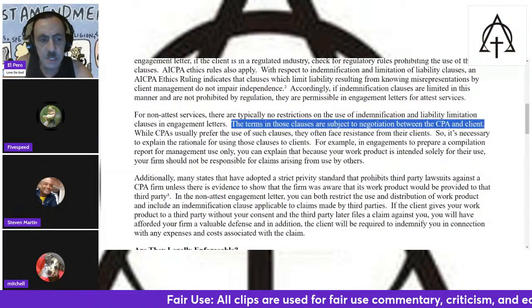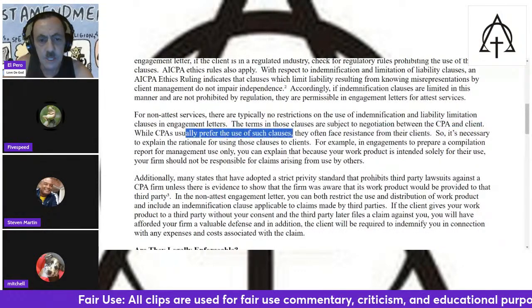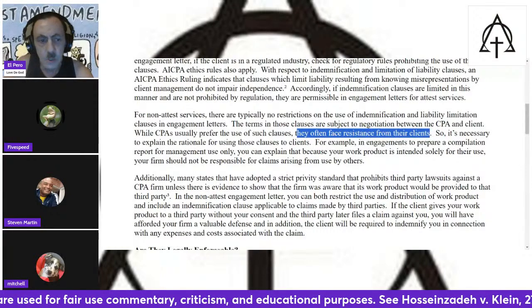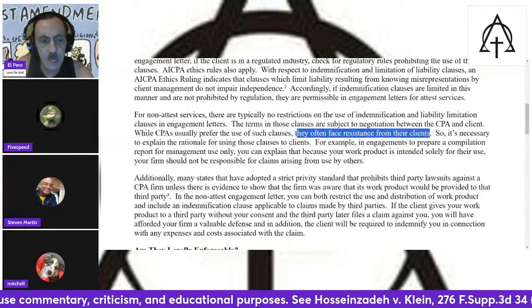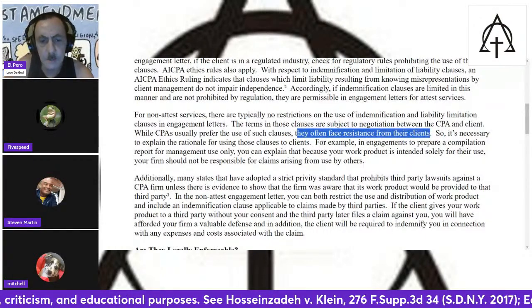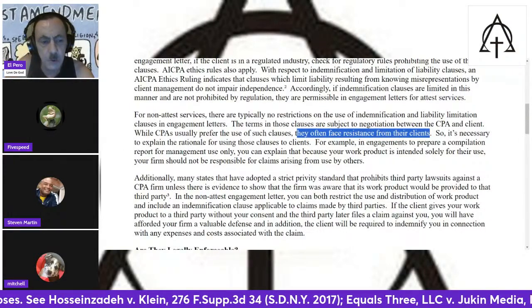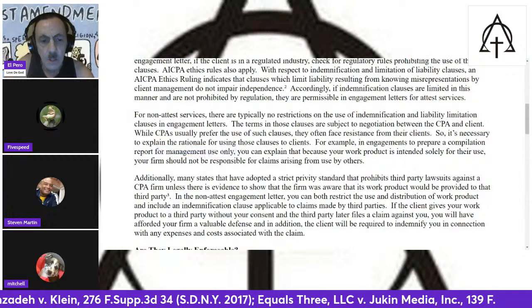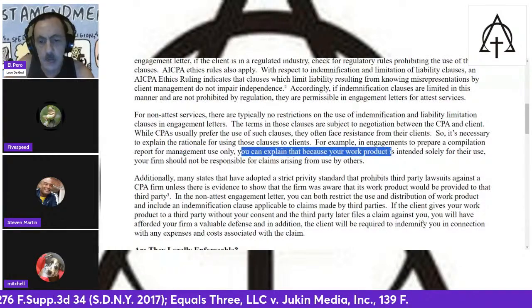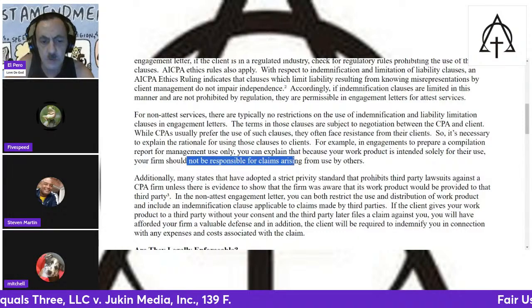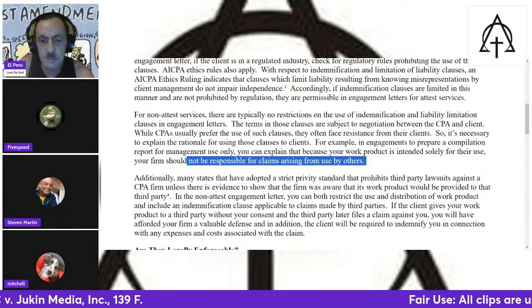While CPAs usually prefer the use of such clauses, they often face resistance from their clients. So it's necessary to explain the rationale for using those clauses to clients. For example, in engagements to prepare a compilation report for management use only, you can explain that because your work product is intended solely for their use, your firm should not be responsible for claims arising from use by others.